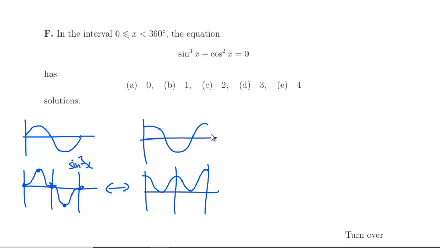And when we're here, we've got 1 as our total at that point. When we're here, we've got -1. And when we're here, we've got 1 again. So it must equal 0 once on the way down and once on the way back. So that's going to be 2 solutions, which is C.